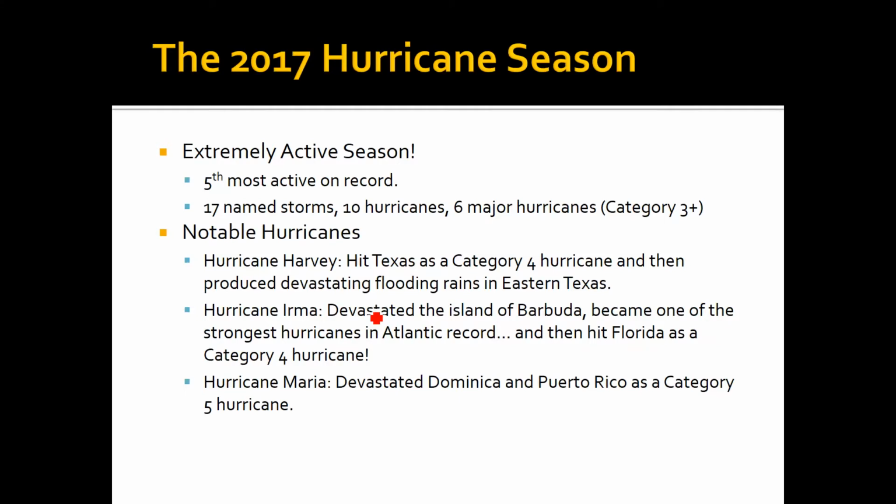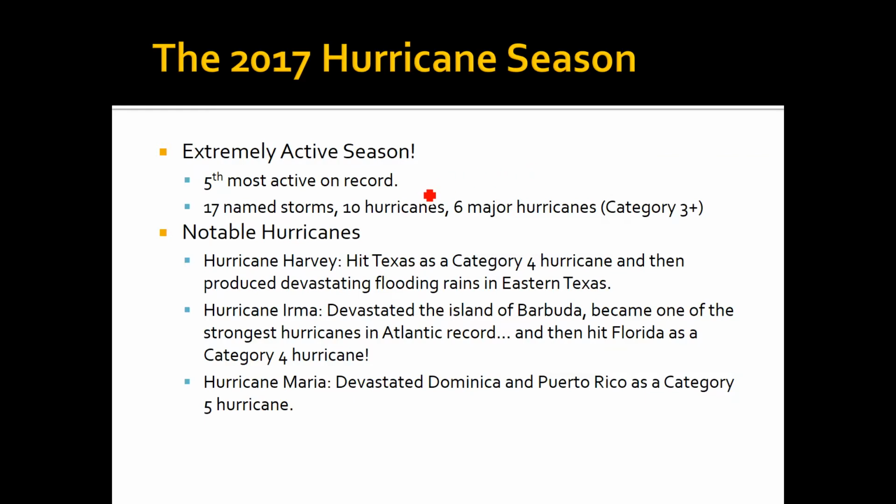What that means is that it produced the 5th largest number of named storms, so storms that reached at least tropical storm status, and it created a lot of hurricanes and major hurricanes. The totals were 17 named storms, 10 hurricanes, 6 major hurricanes.